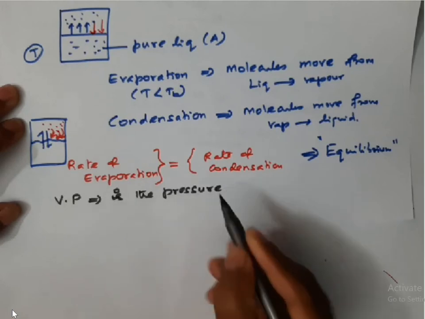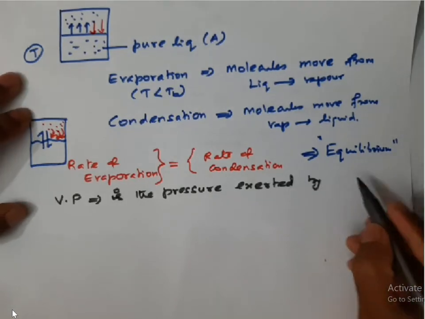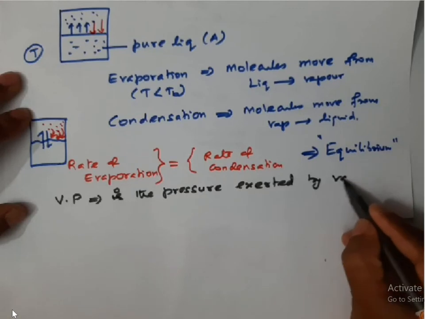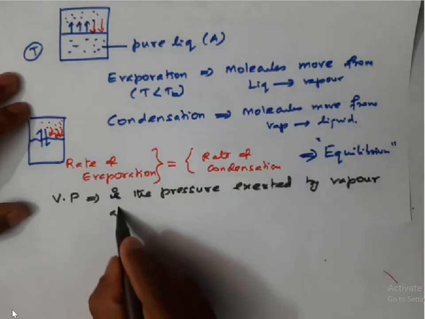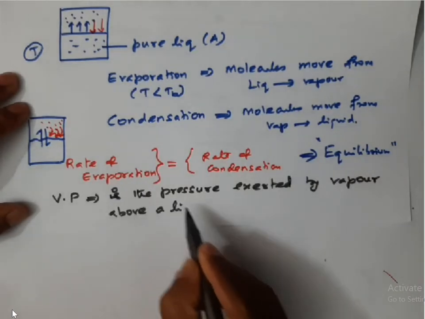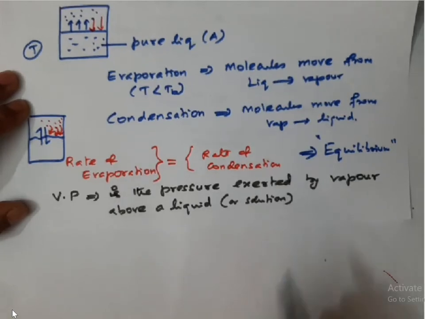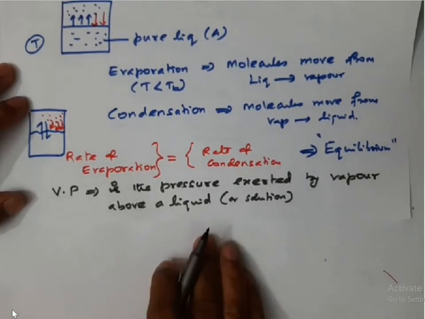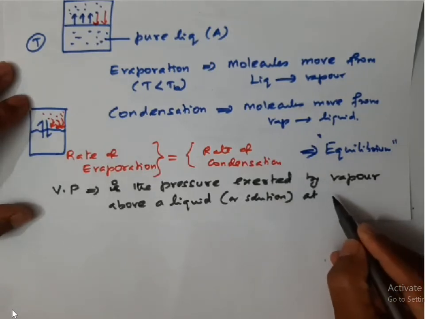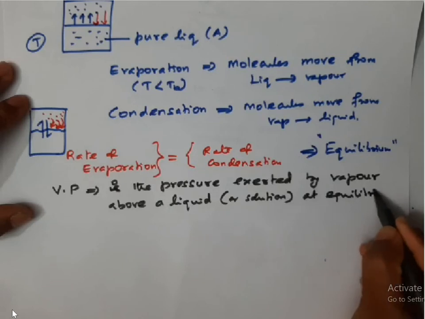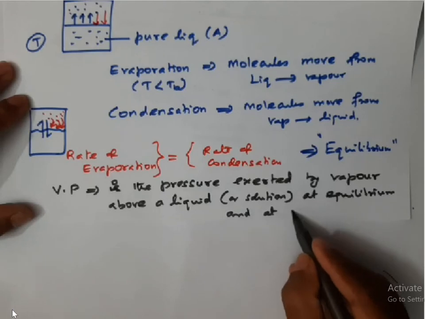Vapor pressure is the pressure exerted by vapor above a liquid or solution at equilibrium, and at constant temperature, at a given temperature.